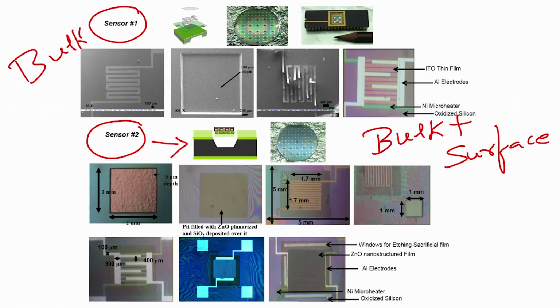and we will see how we can fabricate these types of sensors that can be used for detecting volatile organic compounds, or for detecting gases, all right. And of course, the main part of the sensor is the sensing film.